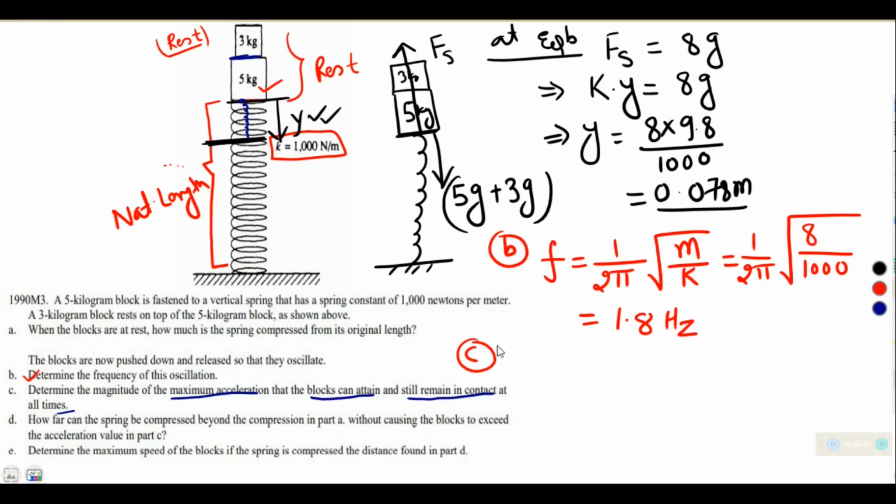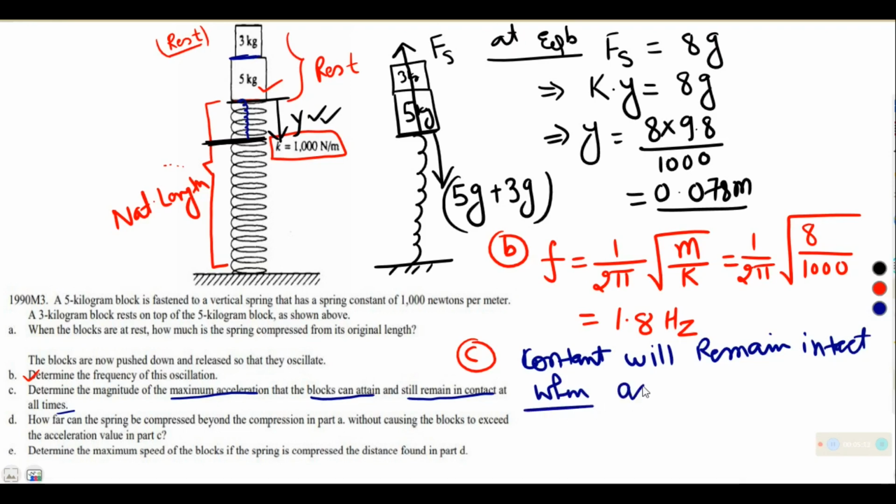So what will happen? The contact will remain intact when the acceleration of both the blocks is the same.